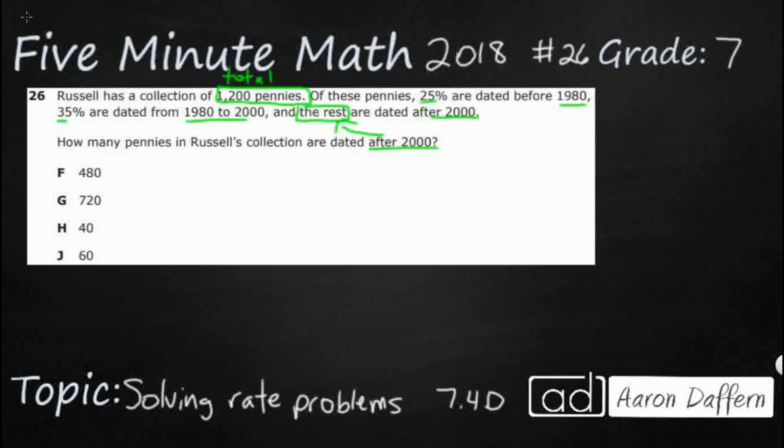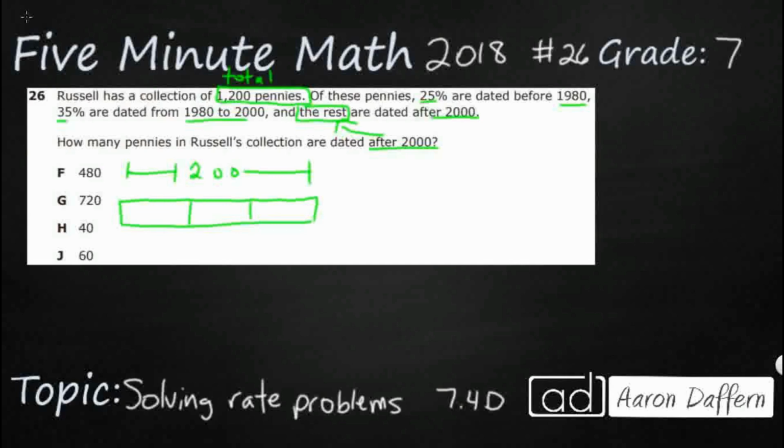So we've got two different ways that we can solve this. Let's start with drawing that strip diagram I was talking about. So we've got 1,200. That's our total, and it looks like we've got 3 chunks. I'm just going to draw them proportional, even though I know they're not.